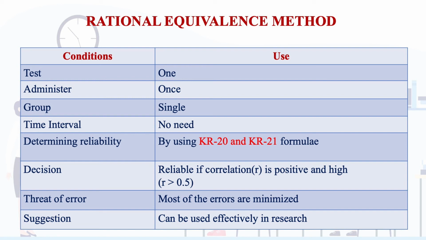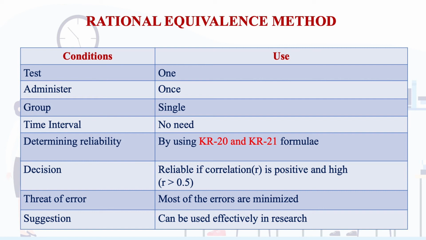And here, as for the threat of error, there is no question of any error, and the only error is possible if you wrongly use the formula. If you have rightly used the formula, then there is no question of any error. So that's why I can say that this is the best method. It can be used effectively in research and in test construction.